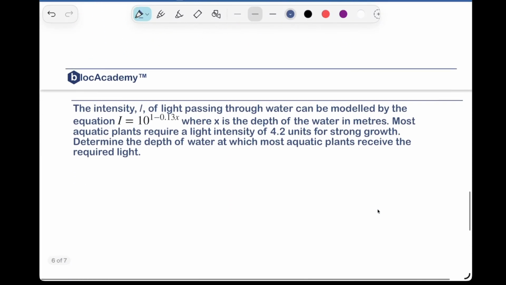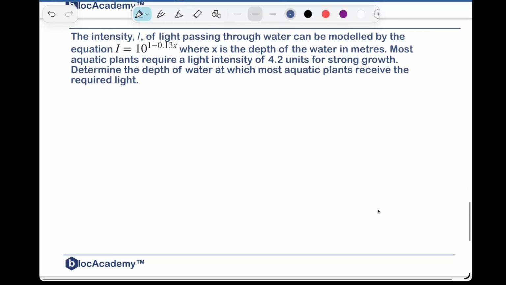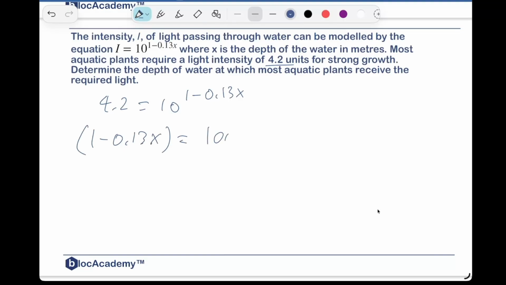Now let's look at the second final question. For this one, we're given light intensity is 4.2. We can just write it down immediately. This is just a simple logarithm question. You know our equation, 1 minus 0.13x, is going to be equal to log base 10. We can just write log here, and 4.2, which is our argument.